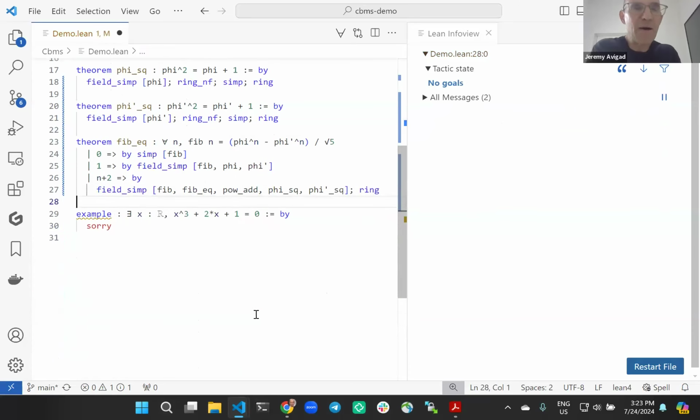And for another example, let's prove that there is a root in the real numbers of the equation x cubed plus 2x plus 1 equals 0. So we tell students, one way to prove this is to actually find an explicit root, but that's going to be hard in this case.